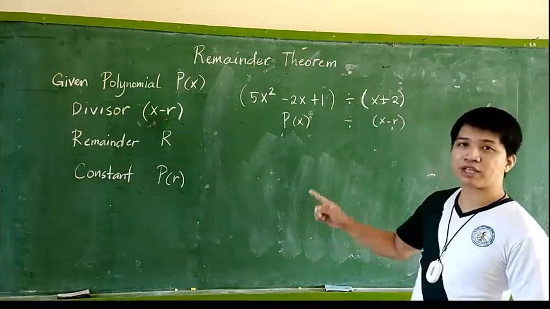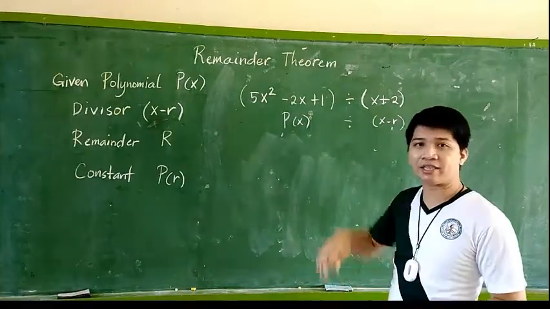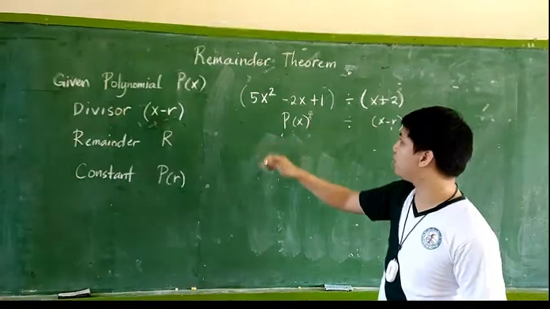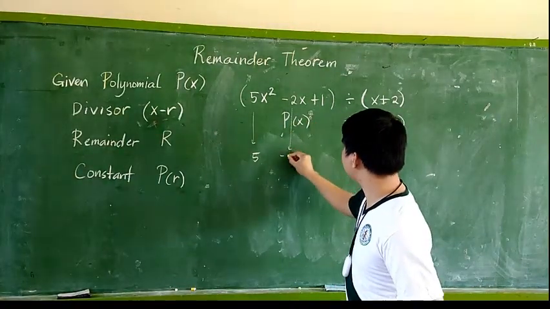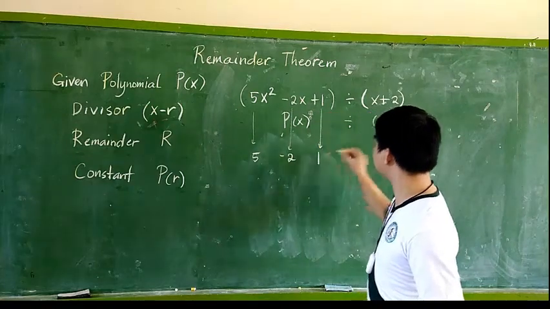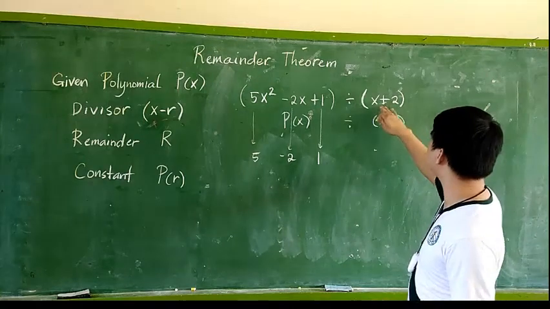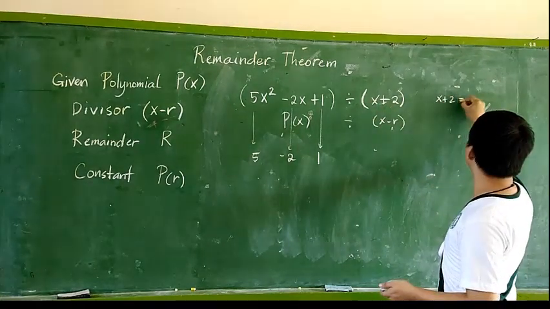The first method that we will be using is synthetic division, and we already know that. The first thing that we need to do is get the numerical coefficients of our given polynomial. That is 5, negative 2, positive 1. And get the value of our x. Basically, we just equate the divisor to 0, so x plus 2 is equal to 0.